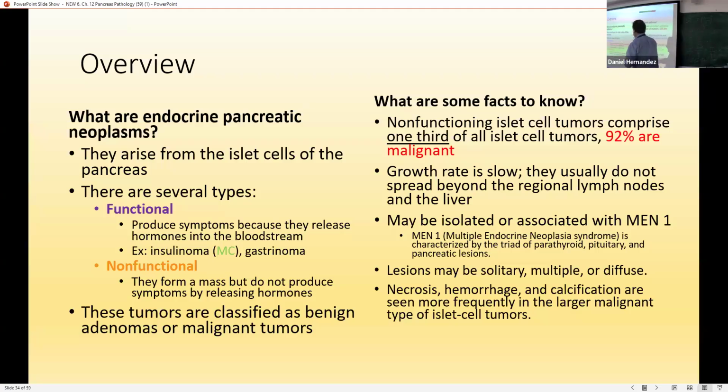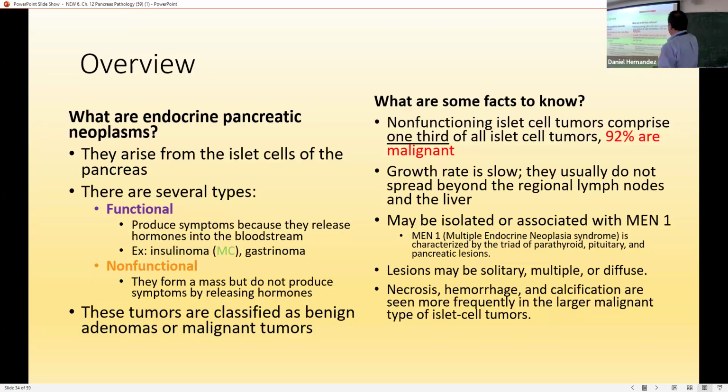So insuloma and gastroma. Non-functional tumors are the non-functional endocrine neoplasms. They form a mass but do not produce symptoms by releasing hormones. These tumors are classified either as benign adenomas or malignant tumors.